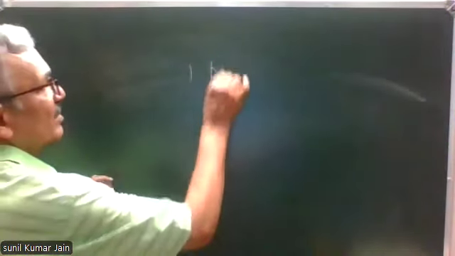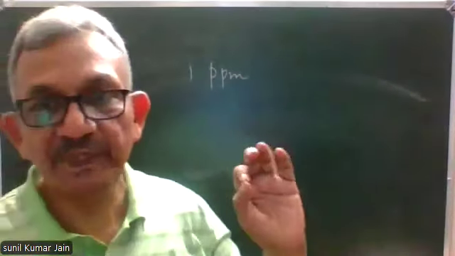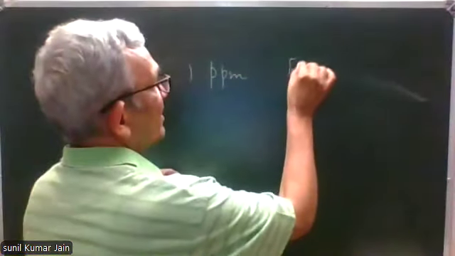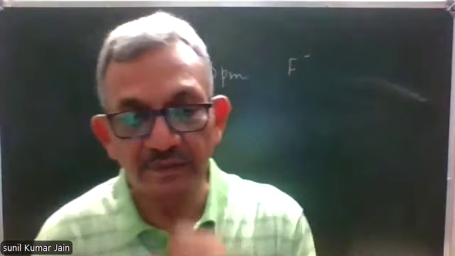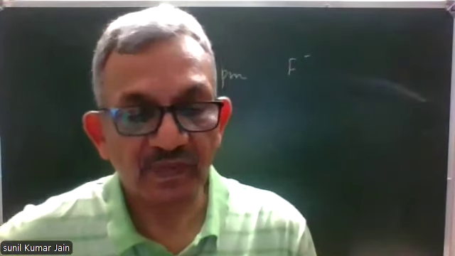Next paragraph. Properties of a solution depend on its concentration. For example, a 1 ppm solution of fluoride ions, F- ions, prevents tooth decay.